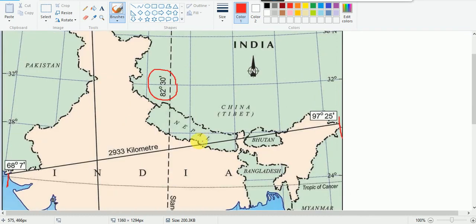If you subtract 68 degree 7-minute from 97 degree 25-minute, you will get 29 degree 18 minutes. That means roughly 30 degree. So the longitudinal difference between the west and the east is roughly 30 degree.